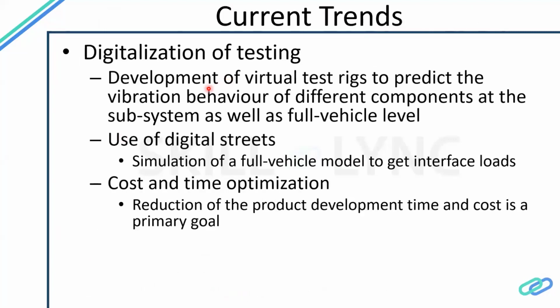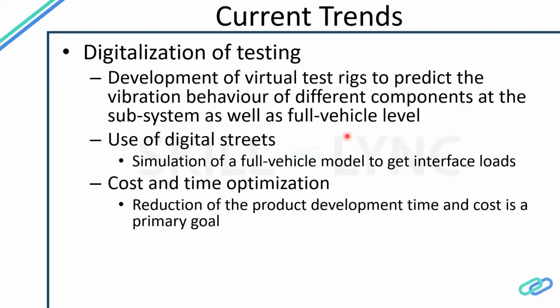Then coming to the current trends in the industry, of course, a lot of digitalization is happening in industry, and it is also applicable to testing. For example, a lot of development of virtual test rigs to predict the vibration behavior of different components at the subsystem level as well as the full vehicle level is performed. For example, my thesis topic, I was working on developing a virtual hydropulse test rig to predict the vibration behavior of the interiors of the bus.